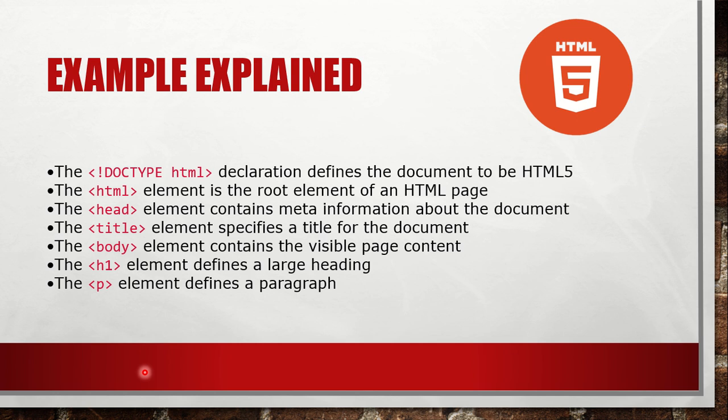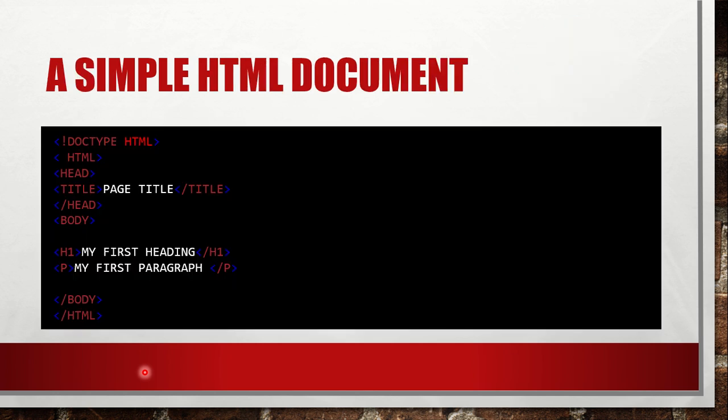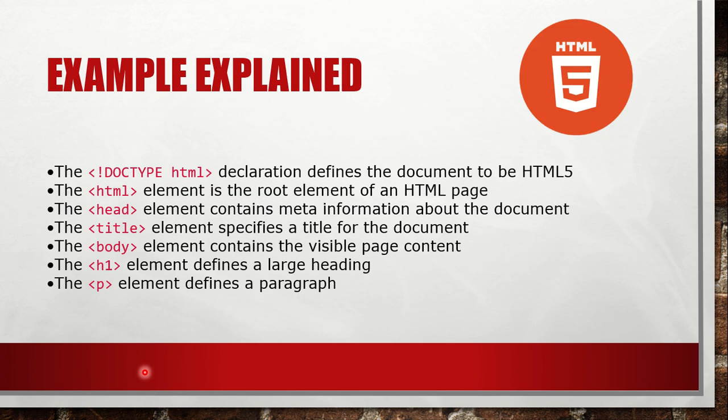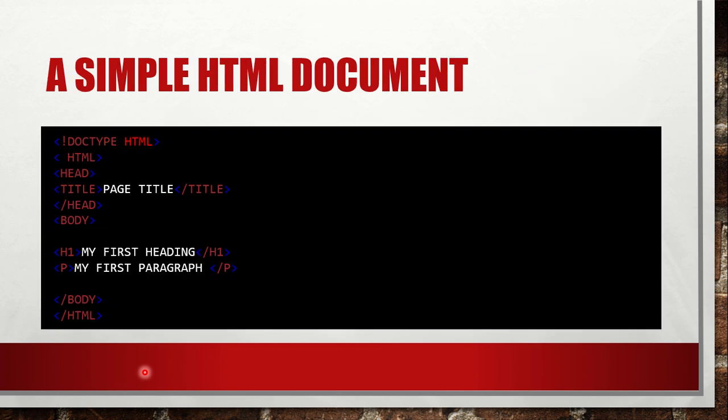So let me explain what this simple HTML document means. The doctype HTML declaration, we call it a declaration, defines the document to be an HTML5. So doc stands for document, type stands for type, normal type. So document type, and then space HTML, is trying to tell us that the document I'm writing, or this document, is an HTML document.